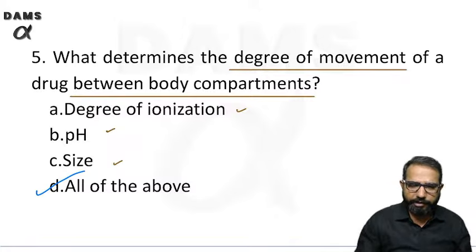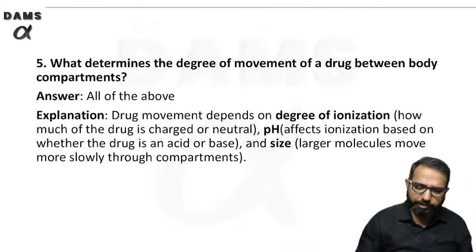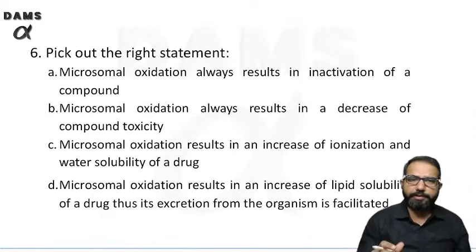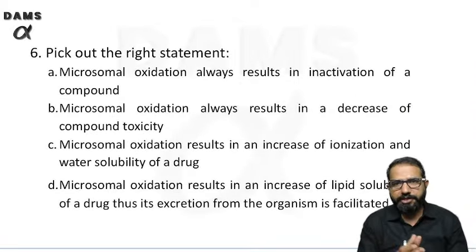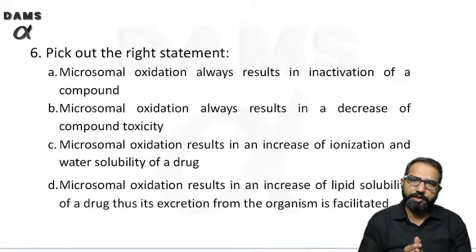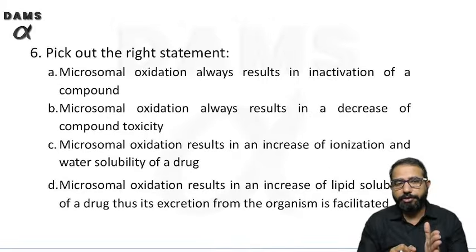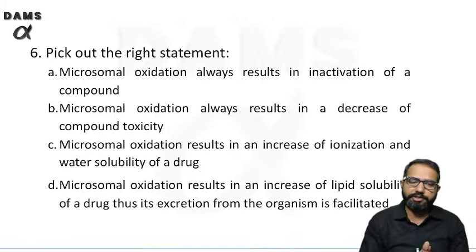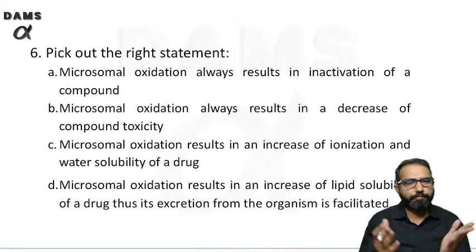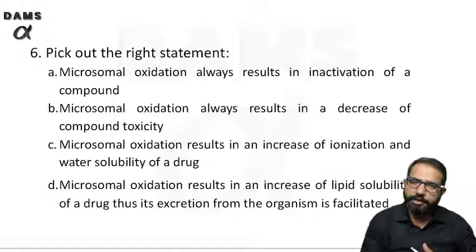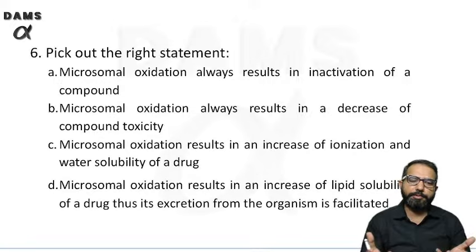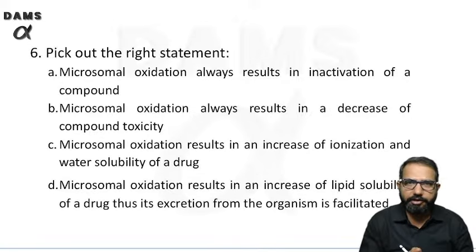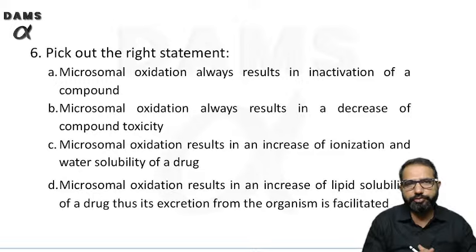So in every drug we have a pK value, and you know what is pK value? pK value is the pH of the compartment when the drug is 50% ionized and 50% unionized. That pH of the compartment when the drug is 50% ionized and 50% unionized, that is called the pK value of a drug. तो उसी से पता चलता है कितना आयोनाइज्ड रहेगा, नहीं रहेगा. pH चेंज होगा तो आयोनाइजेशन चेंज होगा.